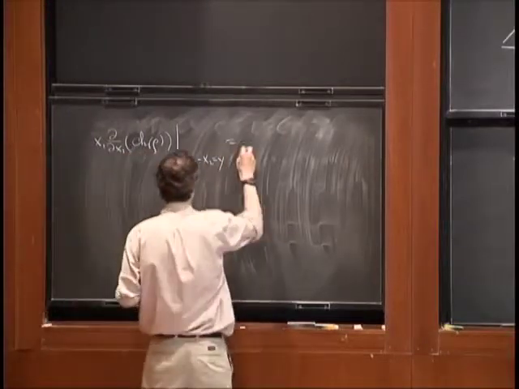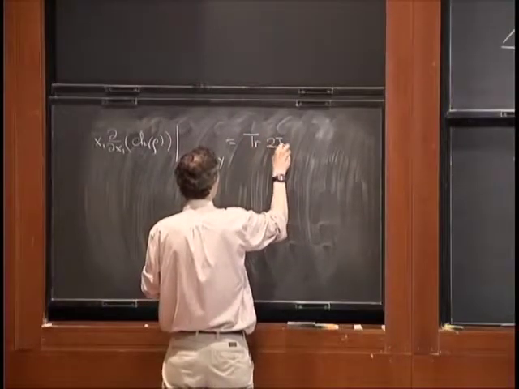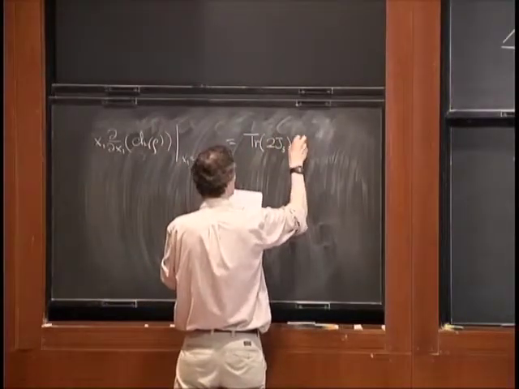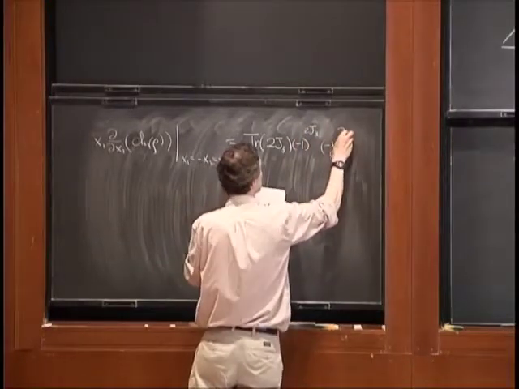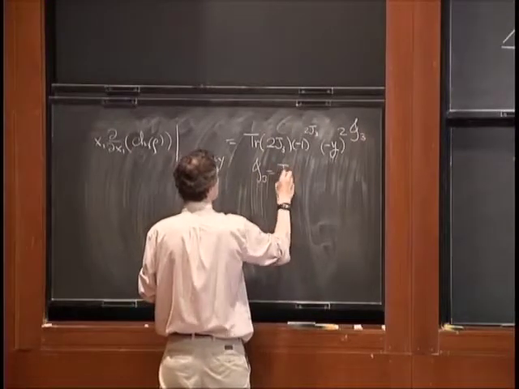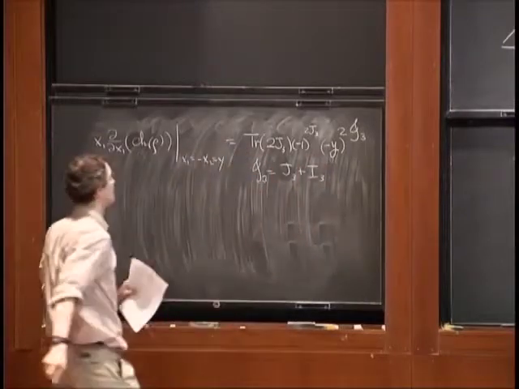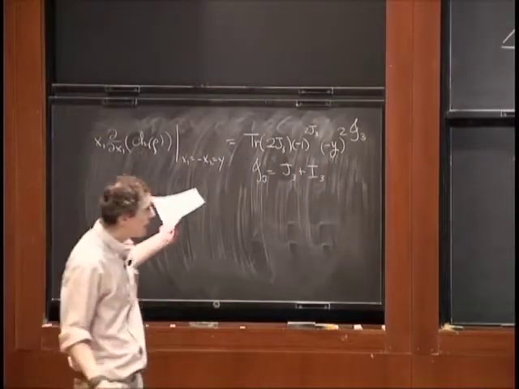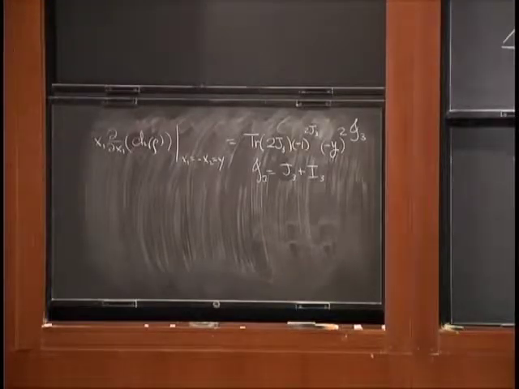And so on the one hand, from the definition of the character, that's just trace of (2j3 minus 1) to the 2j3 minus y to the 2 curly j3, where curly j3 is straight j3 plus i3. OK? Now, look at it. If I take that derivative and then set x1 equals minus x2, this vanishes.